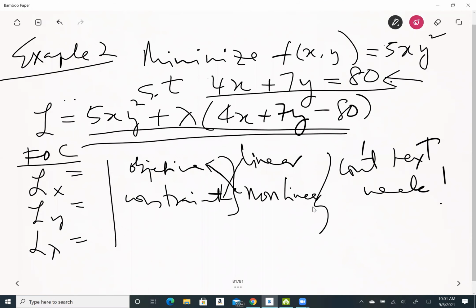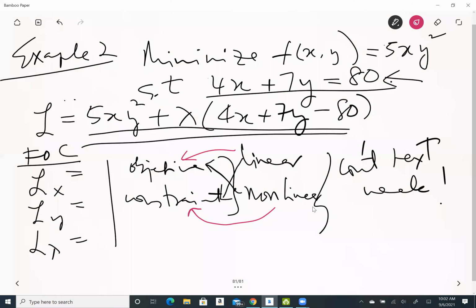So one of them is linear, the other is non-linear. It doesn't matter whether it is the objective or the constraint. If I have time, we'll look at that kind of example later.